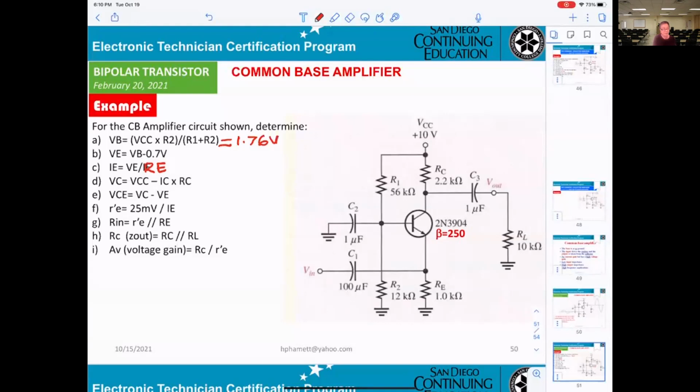Same thing, when they ask you to measure at the base, the value they want is 1.76. However, they have plus or minus 5%, so 1.8 or 1.7 is okay. You never get exactly the value.